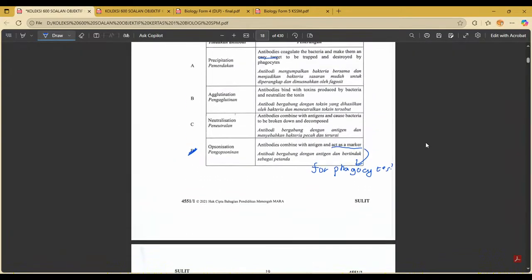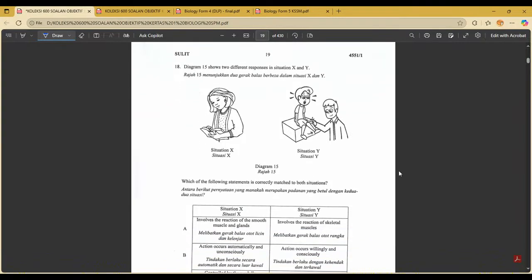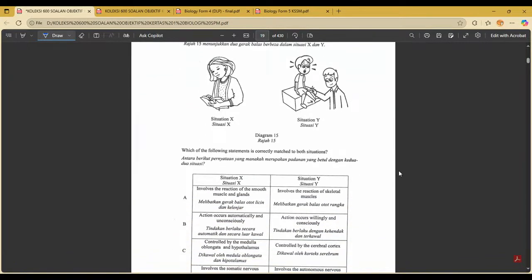Opsonization. And diagram 15 shows different response types. This is voluntary. This is involuntary. Voluntary.